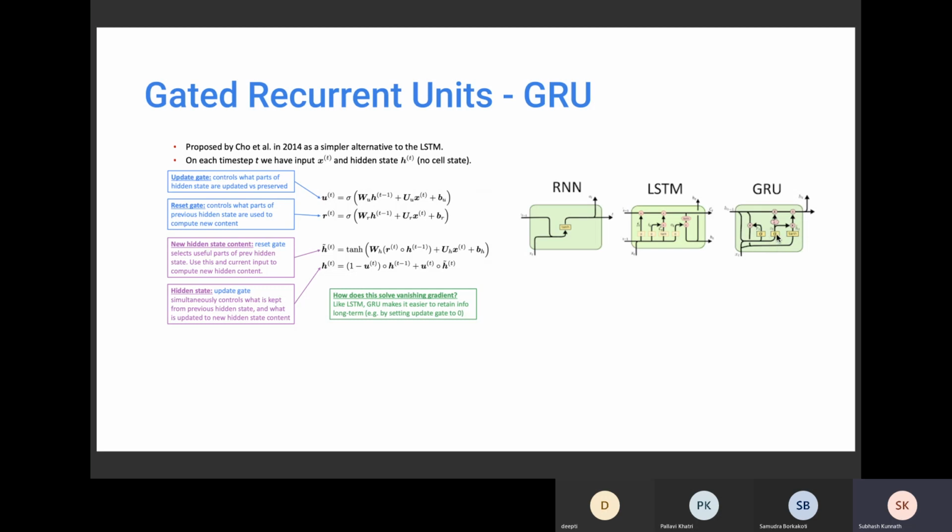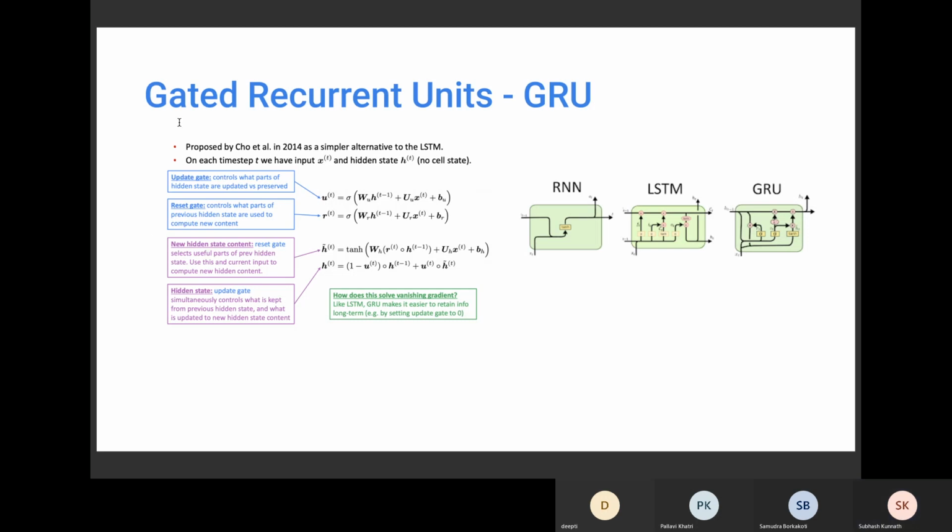The update gate is used here, with 1 minus the update gate and the update gate multiplied into HT. So it's used in two places, and only one state is there, the hidden state. There is no separate cell state.